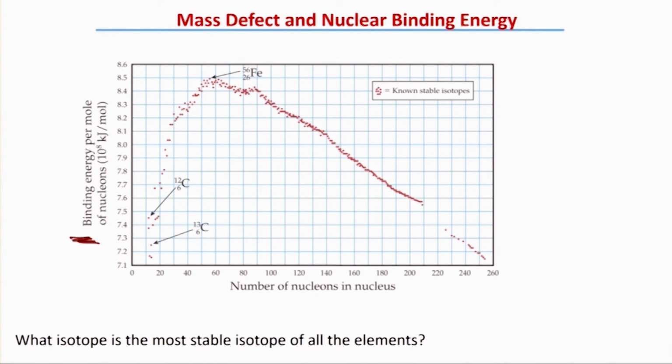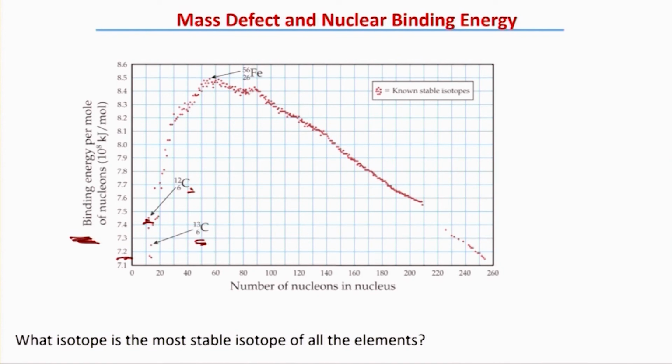And you can see some trends here. Here's carbon-13. We just calculated that to be 7 point something kilojoules. And then here's carbon-12. We said carbon-12 is more stable already because it has that 1-to-1 ratio, and you can see that's higher up here, has higher binding energy. So this is a helpful thing.